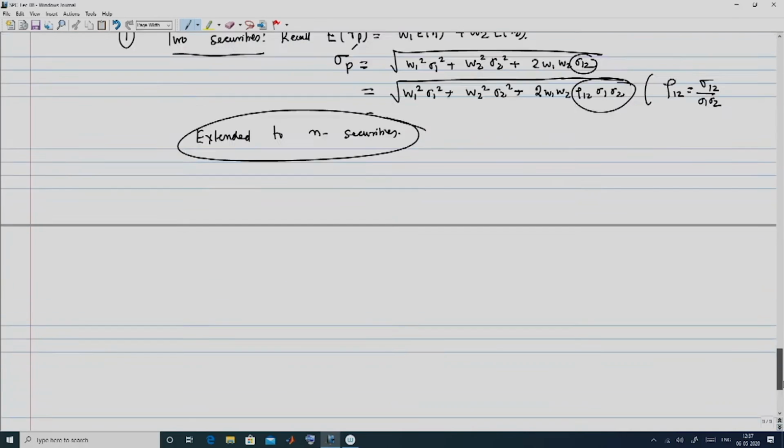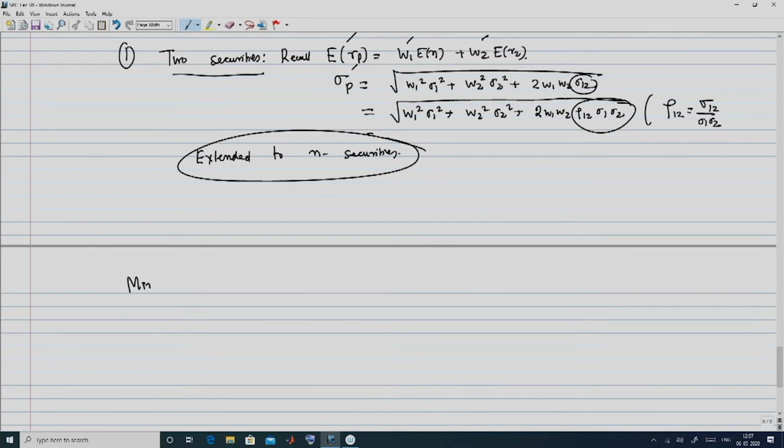So, next we come to minimizing the risk. And this will be again for a two securities portfolio. So, this topic of minimizing the risk is going to be the first topic on portfolio optimization, on how we determine the portfolio once we have decided what is going to be the assets that will constitute the portfolio.